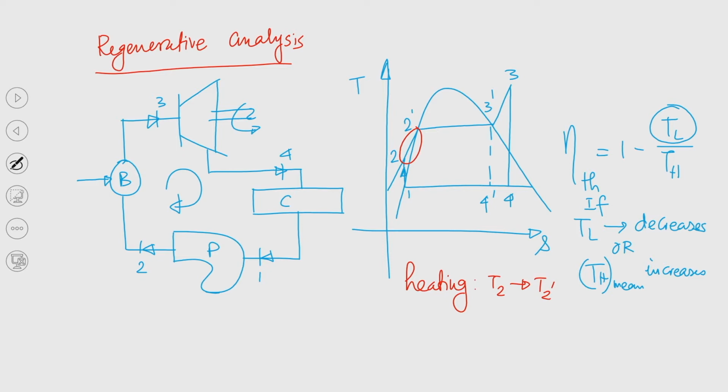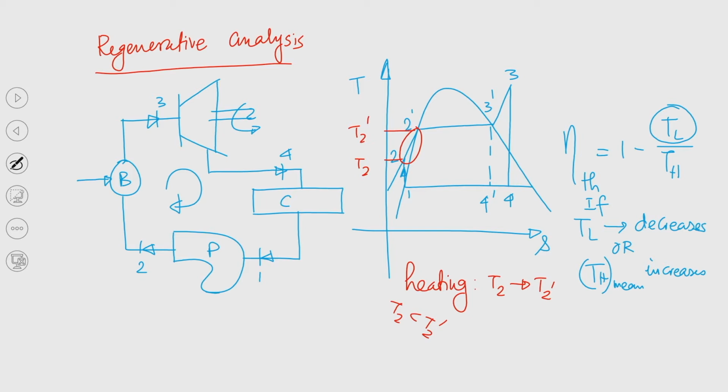See, in this Rankine cycle we have this component of heating, that is this sensible heat transfer, and this heating takes place at a relatively lower temperature. So, this is T2 and this is T2 prime. T2 is less than T2 prime, that is quite obvious, because we are pumping liquid at normal temperature, and now we are heating.